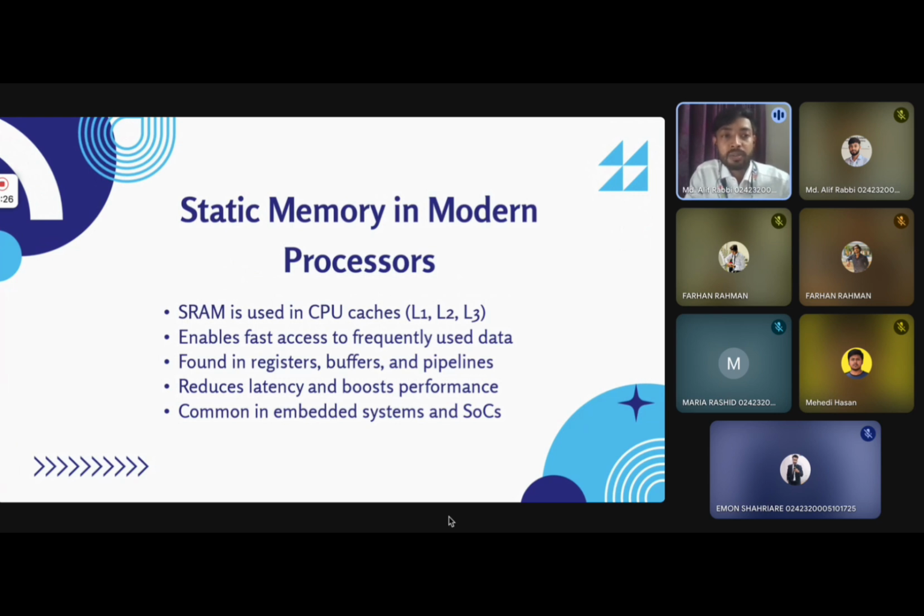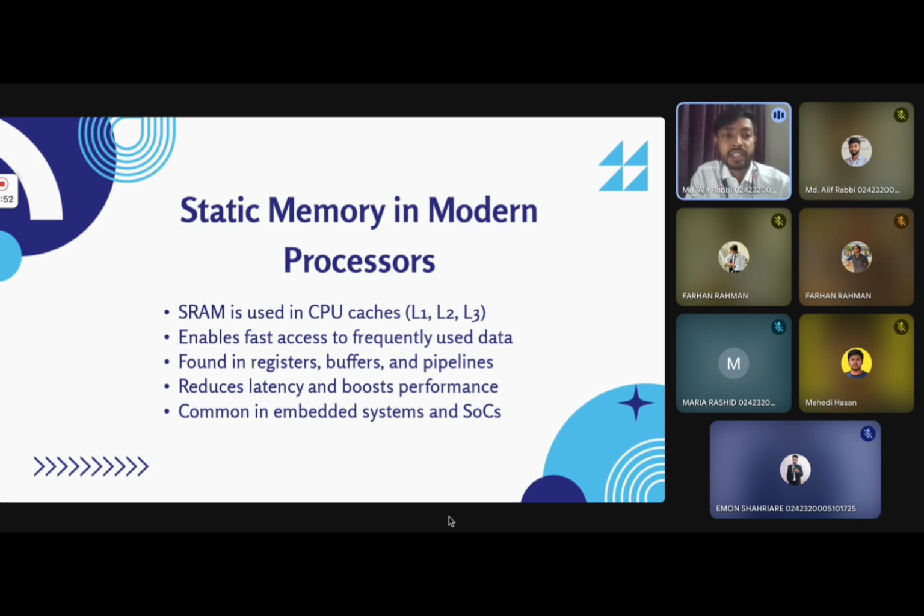In this slide, I will describe the role of static memory in modern processors. Static memory, particularly SRAM, plays a crucial role in high-performance computing. It is most commonly used in cache memory layers L1, L2, and L3 to store frequently accessed data and instructions.